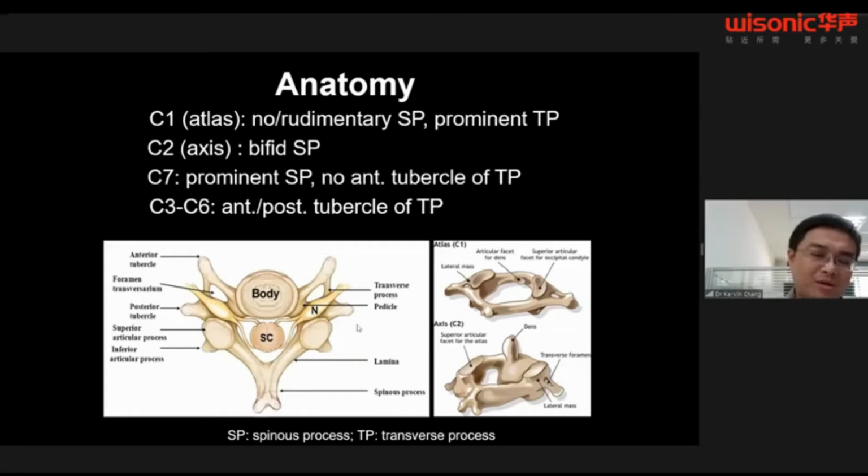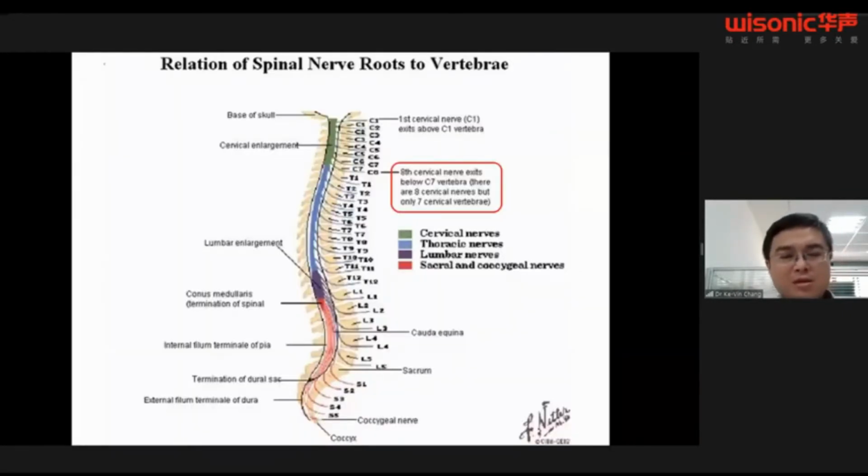It has a very prominent spinous process, so you can palpate it when you perform the physical examination. And its transverse process does not have the anterior tubercle. It only has the posterior tubercle.